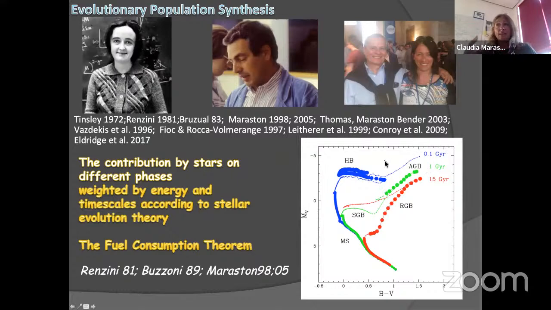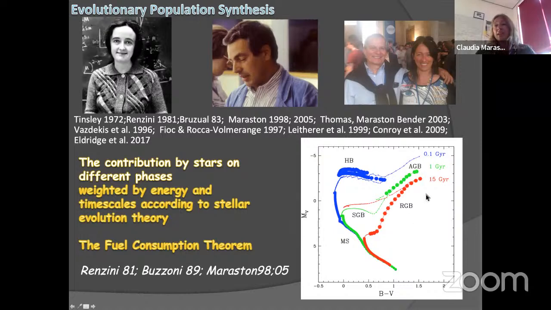Populations that are younger than 100 million years have essentially one post-main sequence phase that is highly populated, which is the core helium burning phase of these massive stars, which produce a lot of light. In slightly older populations, that we can set at about 1 billion years of age, instead, the main post-main sequence phase dominating the bolometric light is the so-called asymptotic giant branch. We'll come back a bit to this later.